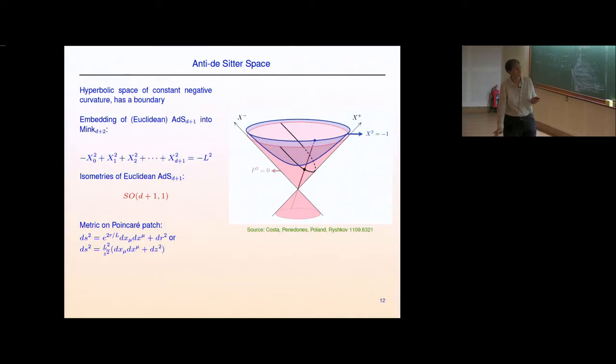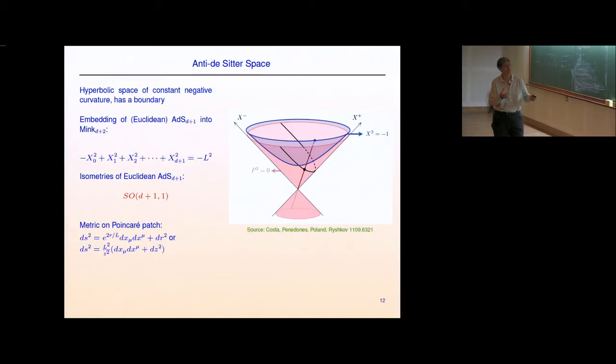Essentially it's like a sphere of radius L squared, except one sign is different from the other signs. If you had a positive curvature, the signs would all be the same. So the fact that one sign is different means you have a hyperbola.